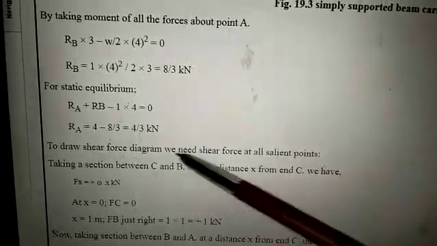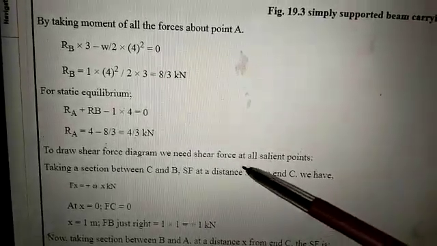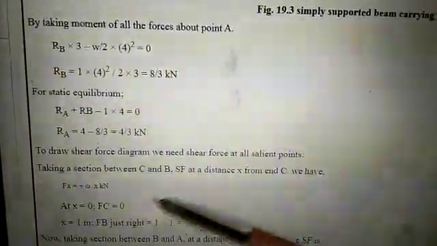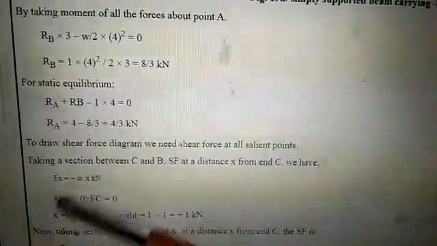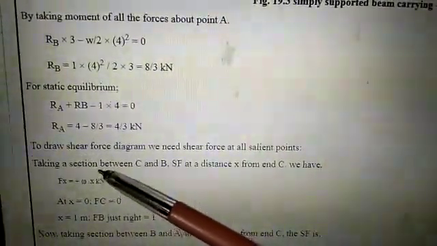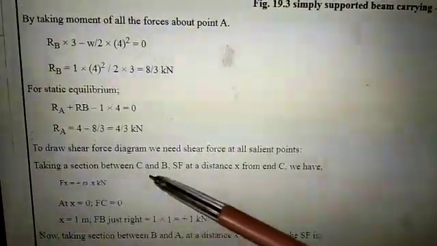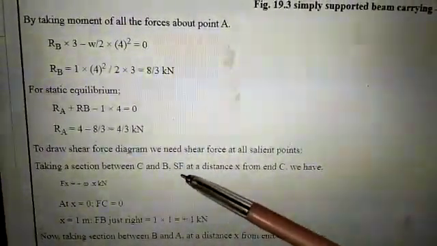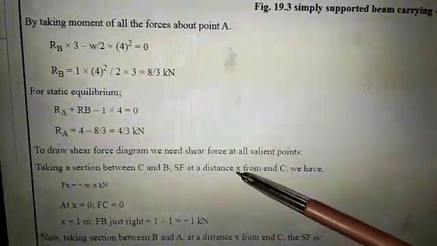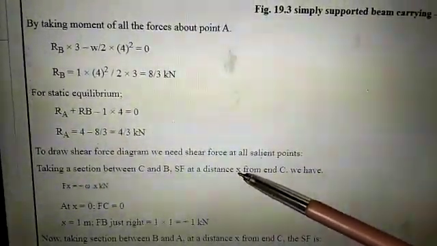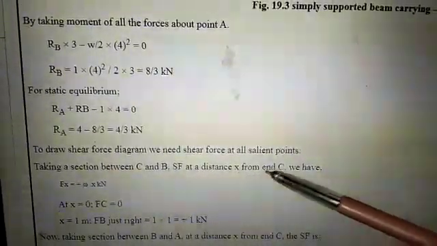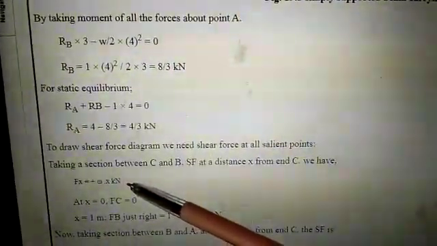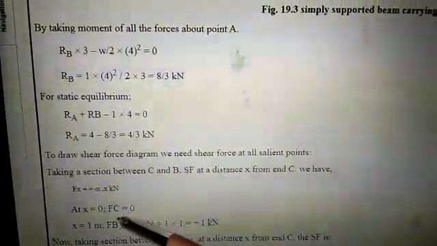In order to draw the shear force diagram, we need shear force at all salient points. Salient points means all the points given in the beam. So for this, we will take a section between C and B. As we have seen, between C and B, a section XX at a small distance of x is considered from the end C. So shear force for UDL comes out to be plus W into x.